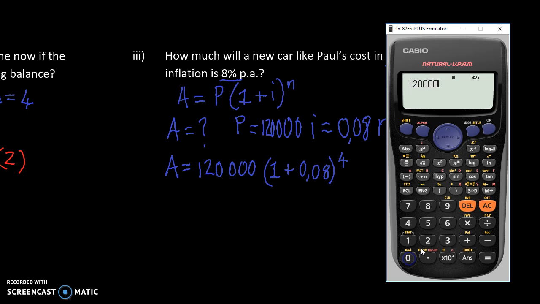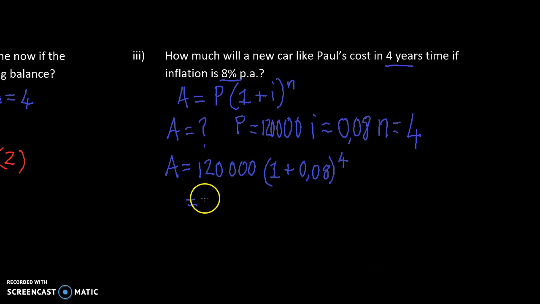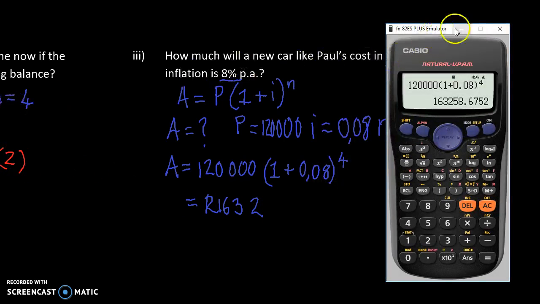Make sure that you put all of your zeros in. Skipping out a 0 will throw things out quite a lot. And our answer is 163,258.